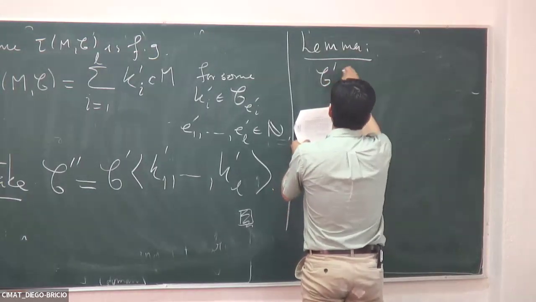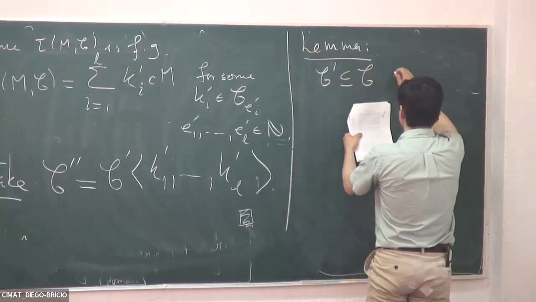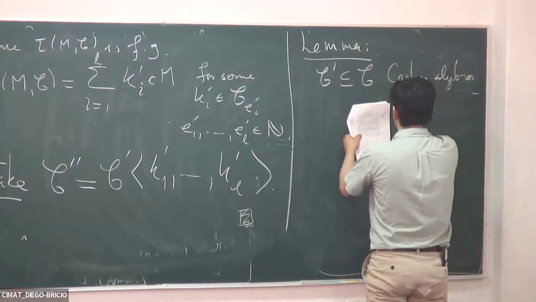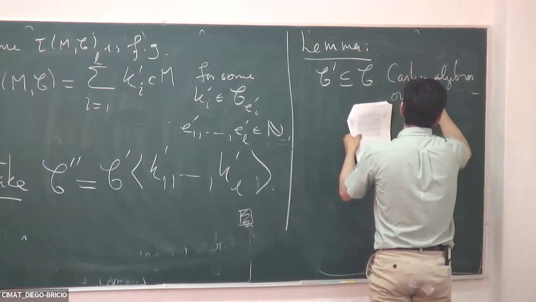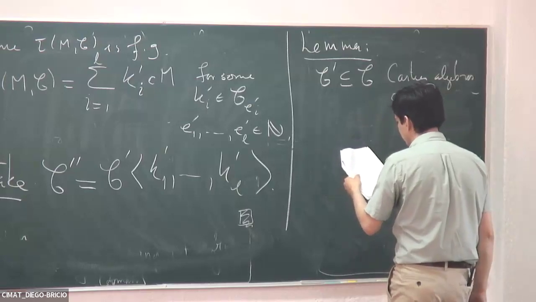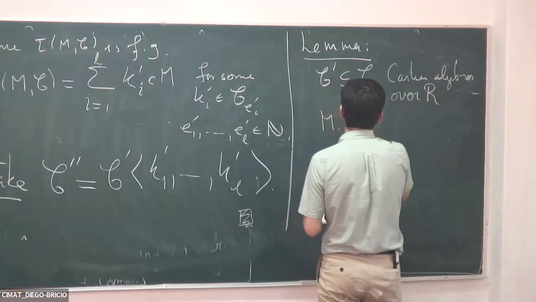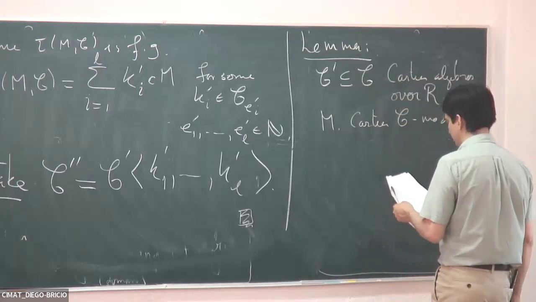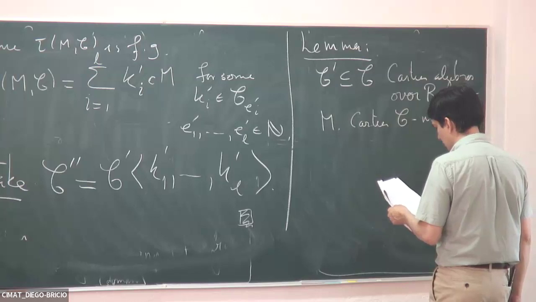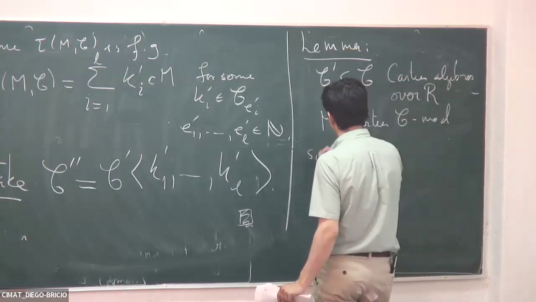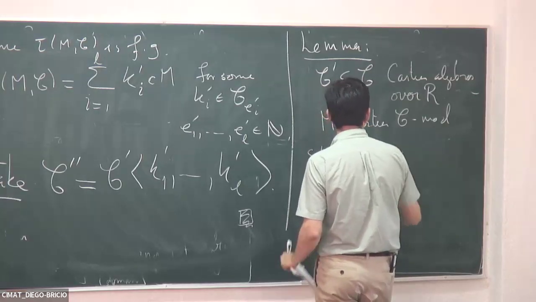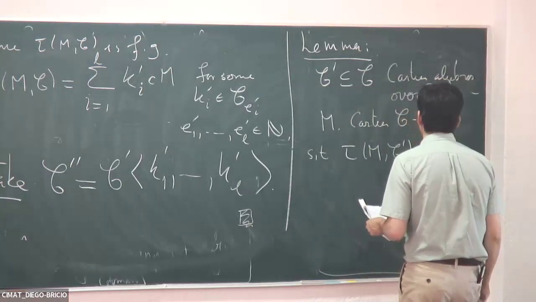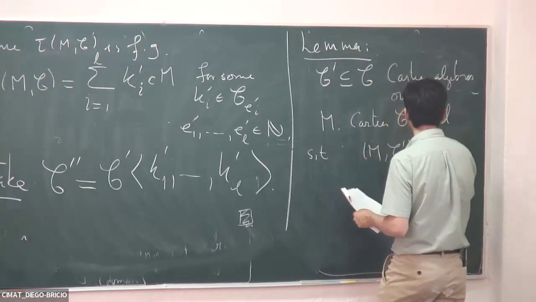So suppose that you have Cartier algebras over R. And so suppose that M is a Cartier C module such that M comma C prime is F-pure.